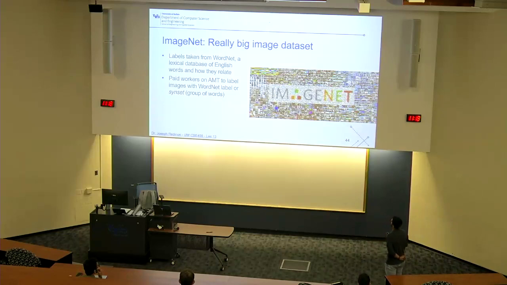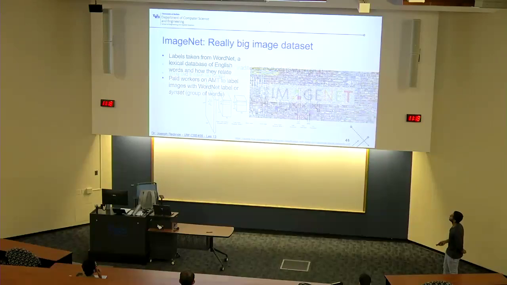And the way this data set, ImageNet, was created was through AMT, Amazon Mechanical Turk, which is a service that lets you hire people to do data annotation kind of tasks. Back then, that was not what it was intended for, but they came up with that use case where they had a whole bunch of people who would basically be solving CAPTCHAs for a long time. And that's how they ended up with the ImageNet dataset.